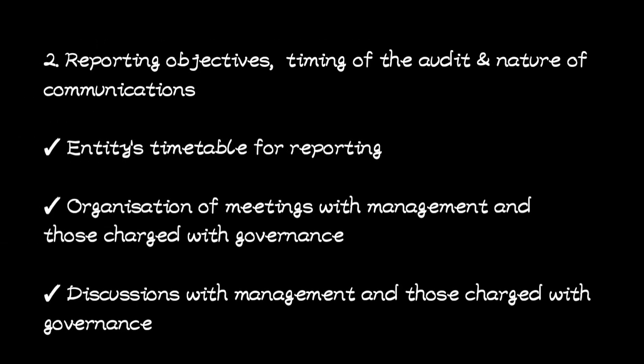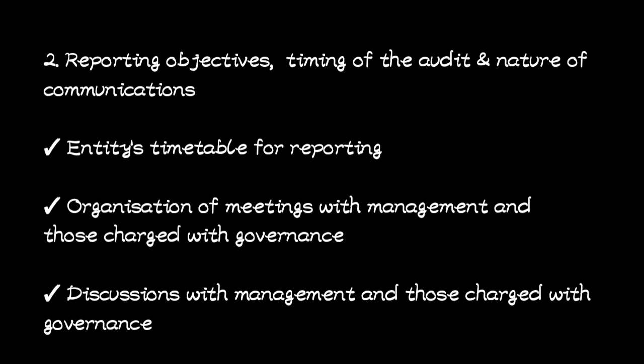Second is reporting objectives, timing of the audit, and nature of communications. So the auditor has to know the entity's timetable for reporting, since every organization has its own financial year. Then the organization of meetings, like how will the auditor be able to meet management and those charged with governance.